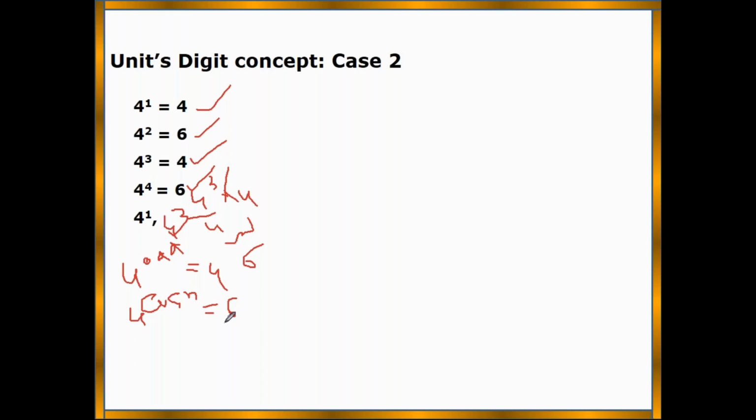This is applicable for both 4 and 9. So this is the way you get the last digit of a power of 4 or 9: it depends on the power. If it is an even power, 6. If it is an odd power, 4. Please note down.